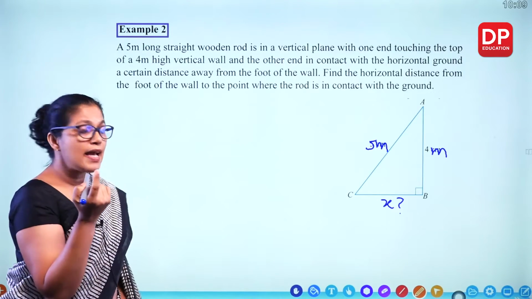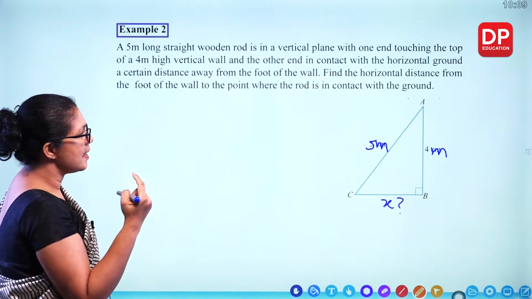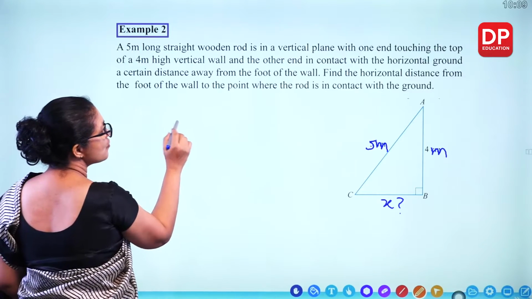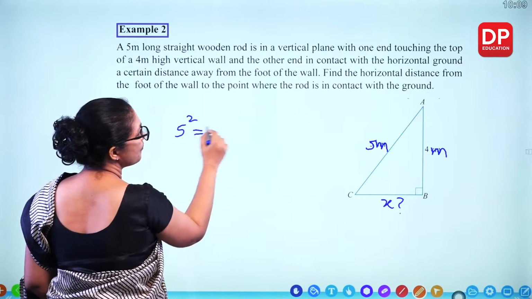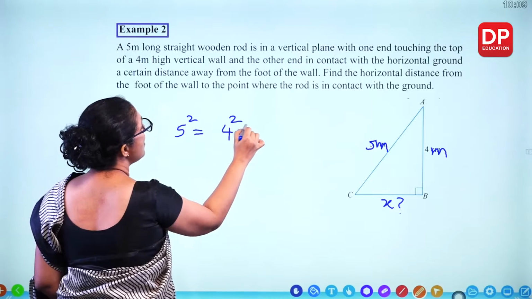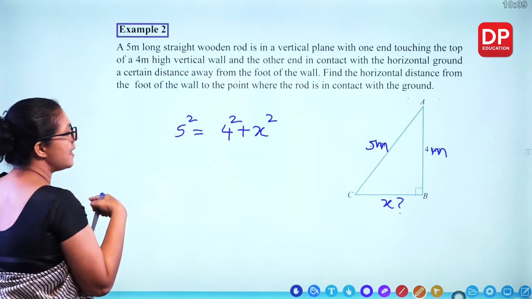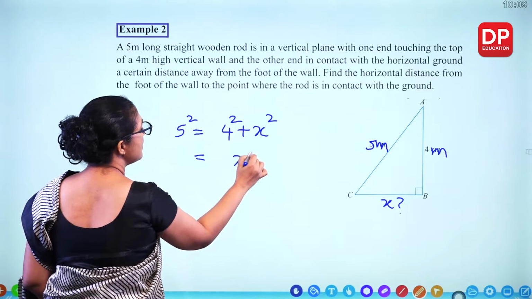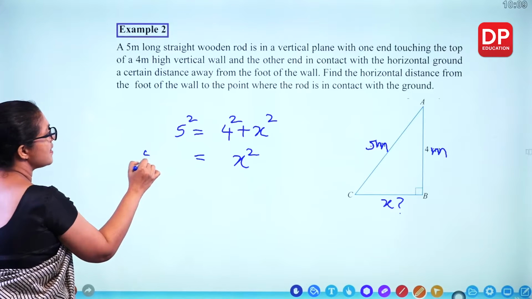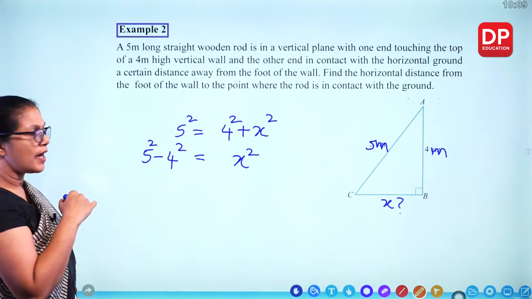So this is a right angle triangle. So what's the hypotenuse? AC. So you can write straight away 5 squared is equal to 4 squared plus x squared. X squared is the BC length. So what is x squared here? You can take as subtraction. 5 squared minus 4 squared.